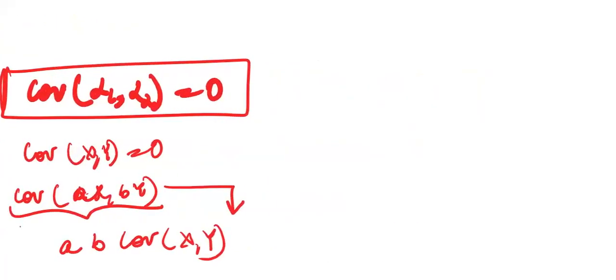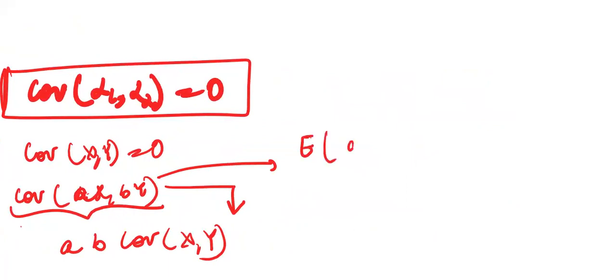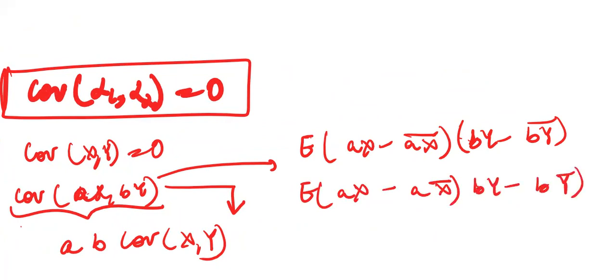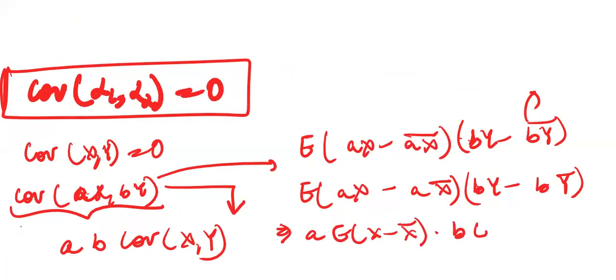And how do I know that? It's pretty simple. This can be written as the expected value of ax minus the mean of ax, into by minus the mean of by. So this is the expected value of ax minus a x bar, by minus b y bar, because the mean of a constant is the constant.